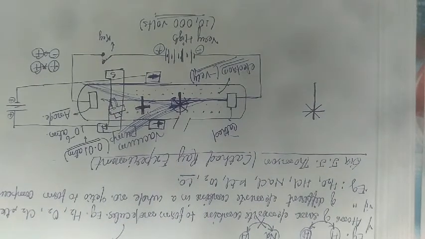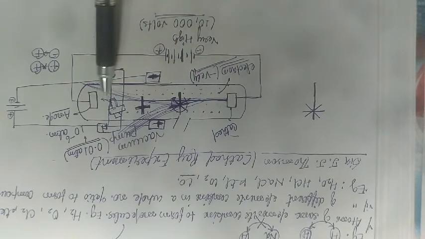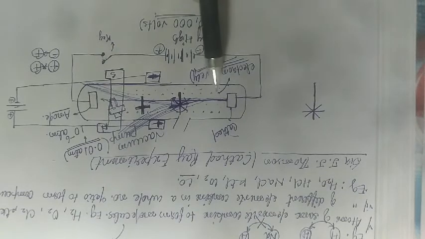Number three, in the absence of electric and magnetic field, these rays travel in a straight line.